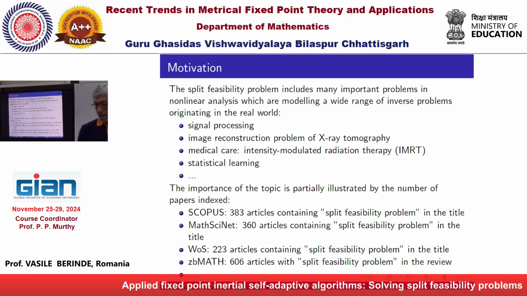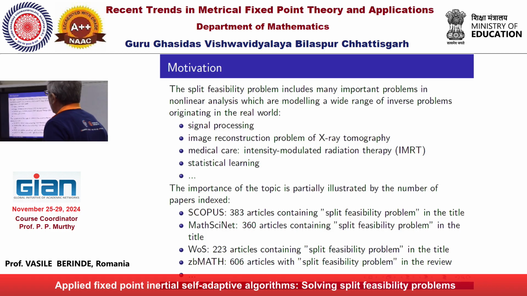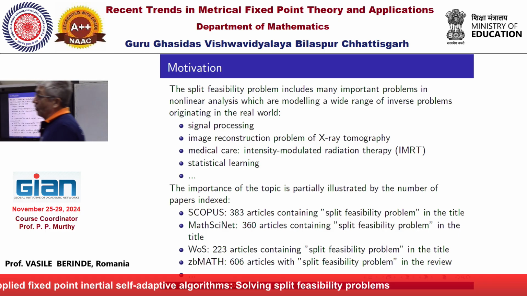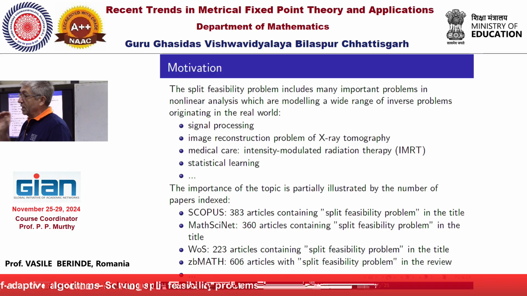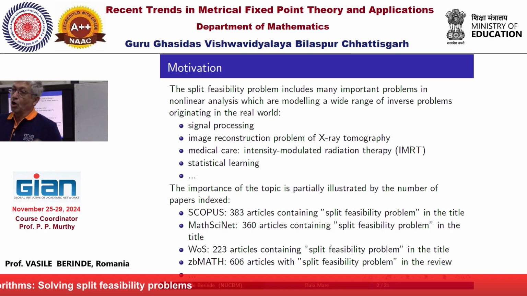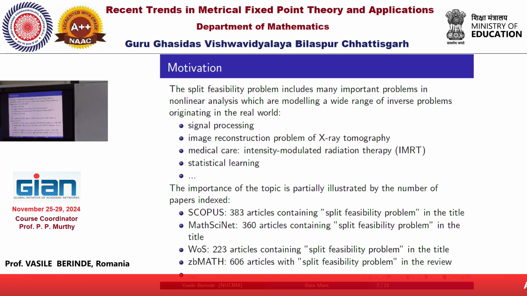So under the umbrella of a split feasibility problem, we actually can find a lot of usual common problems, like the fixed point problem, the common fixed point problem, and so on.